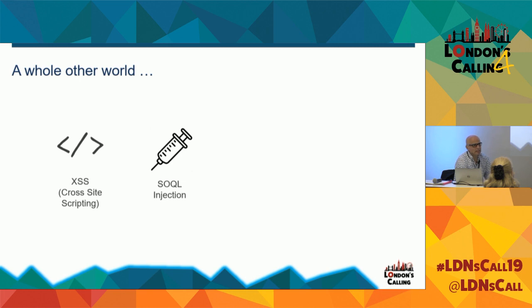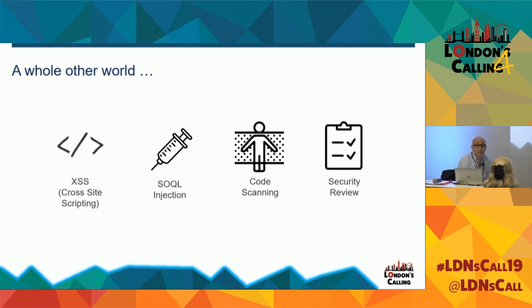To guard against that, hopefully your developers know what they're doing, and it's not a bad idea to do code scanning as well, to check for vulnerabilities, and ideally get somebody else to scan it. If you're using a third-party app that uses communities, make sure it's been through security review, so these vulnerabilities will at least have been tested.